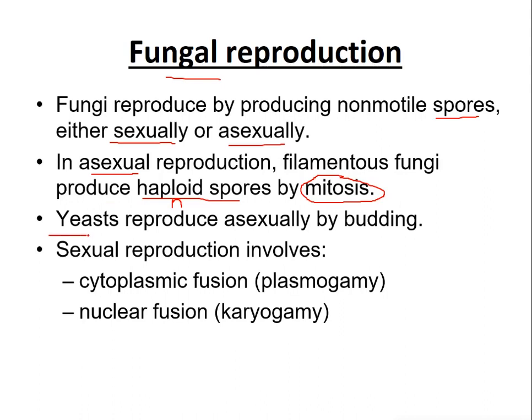Yeast is also a fungus. Yeast reproduces asexually by budding. As for sexual reproduction of fungi, it involves cytoplasmic fusion, or plasmogamy, and nuclear fusion, which is the fusion of nuclei, called karyogamy.